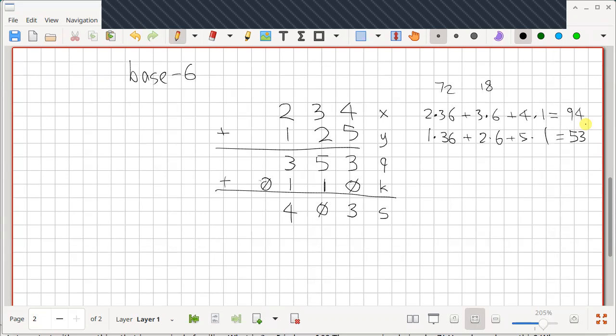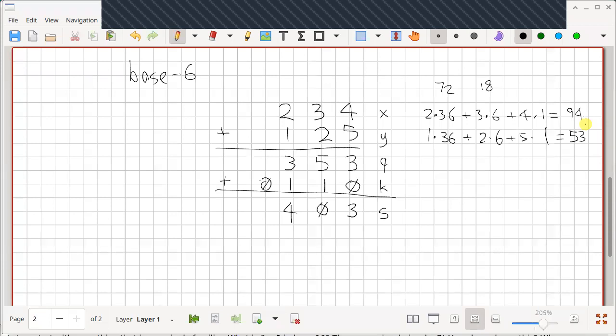If you go back to the base conversion stuff, the sigma notation is responsible for how I perform those calculations. Yes? Where did you get 36? I just explained it. It is because this digit here, the entire column, is representing the quantities of 6 to the power of 2 because it is at position 2.